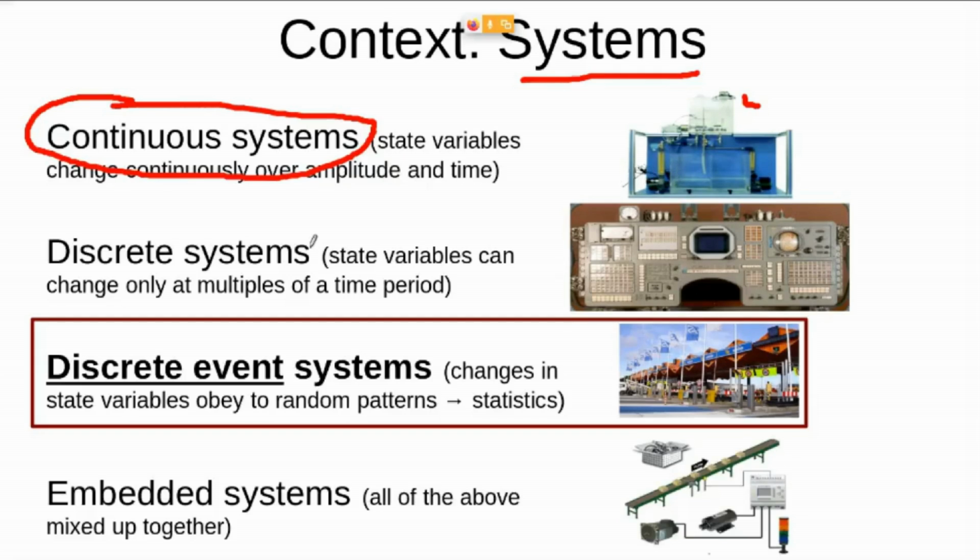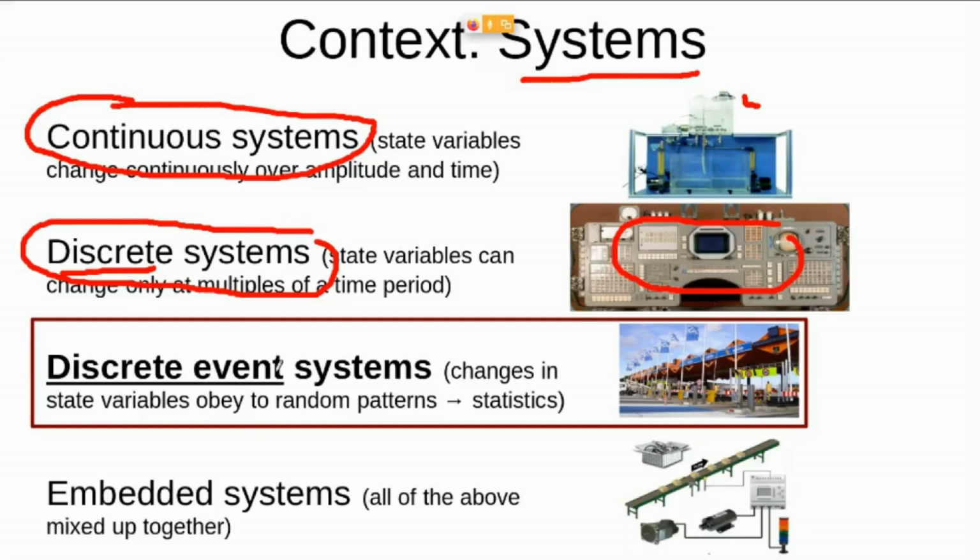Okay? Some of you have studied discrete systems. Discrete systems are continuous systems that are controlled, regulated, or supervised by computers or microprocessor-based systems. That's why we talk about discrete systems.